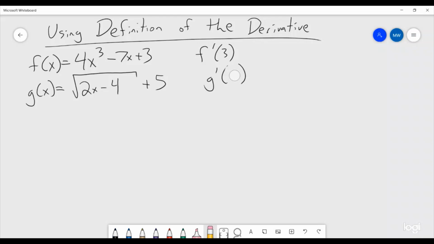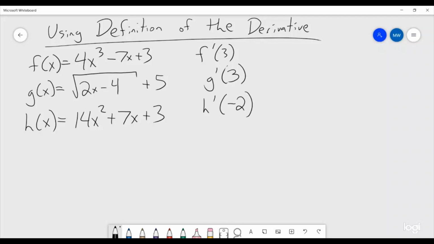Let's find g prime of 3. And then if h of x is equal to 14x squared plus 7x plus 3, let's find h prime of negative 2. So go ahead, pause the video, and try and figure out what all three of these values are going to be.